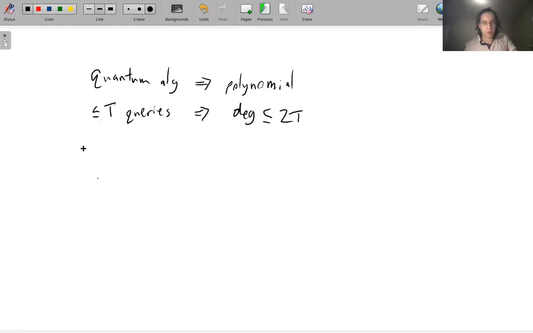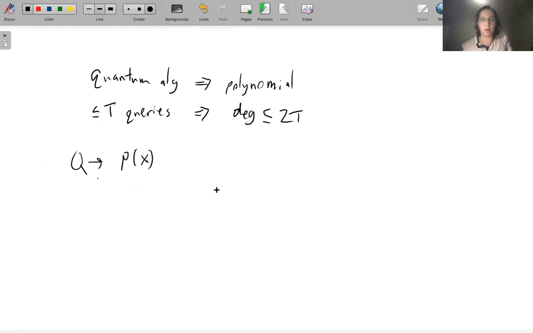All right. So let's keep going here. If we think of the polynomial p of x that we get from a quantum algorithm q, so if we took q and we converted it to p of x, we notice that p of x has a few properties.